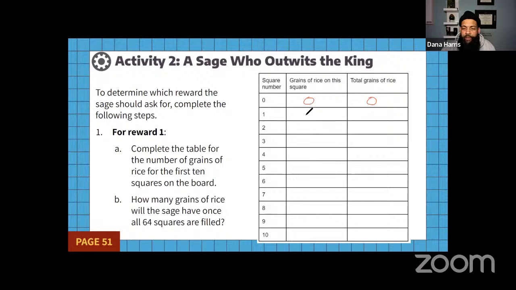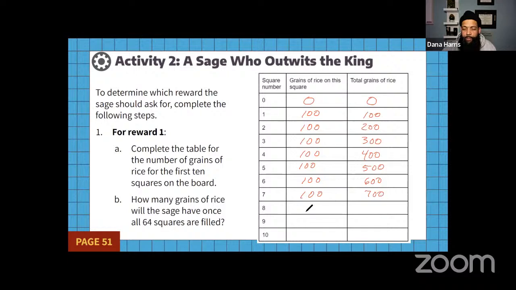All right, so then we have 100 here, and we got a total of 100. On the second one, he puts another 100. We got a total of 200. On the third one, he puts another 100. And as you can see, the pattern continues. So we get to 400, another 100, another 100.